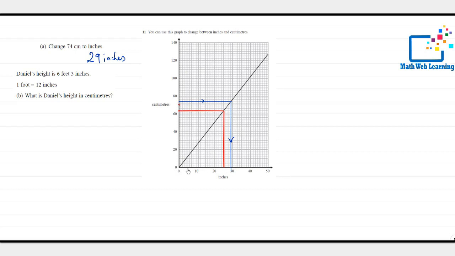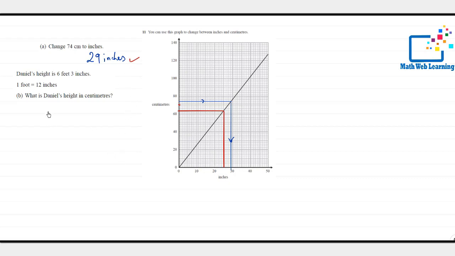Now on the horizontal, on the inches axis, it goes up in 1s. So this is 10 inches. Each mark is equal to 1 inch. So basically this is 29 inches. That's the answer to it.